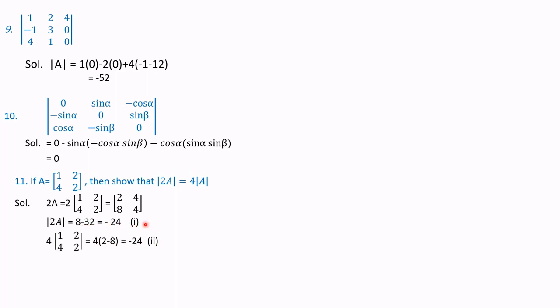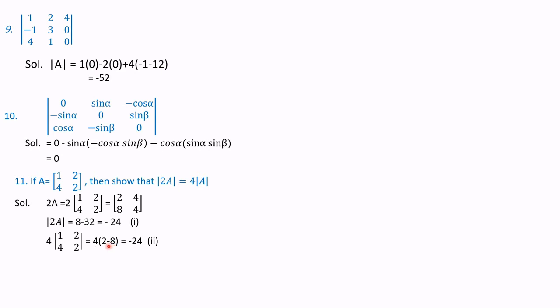Now we have to find 4 into determinant A, which is the right hand side item in the given equation to be proved. So, 4 outside into determinant of 1, 2, 4, 2. 1 into 2 is 2 minus 2 into 4 is 8. 2 minus 8, that is minus 6 into 4.